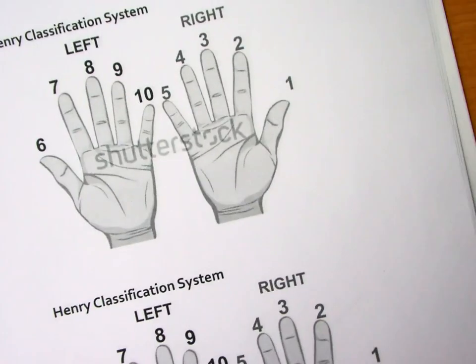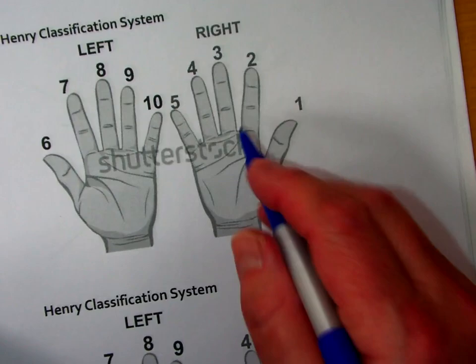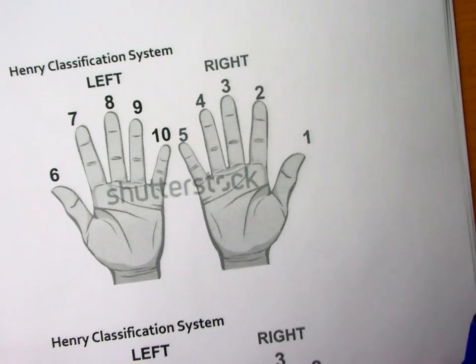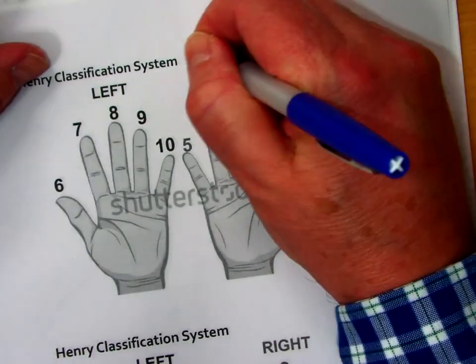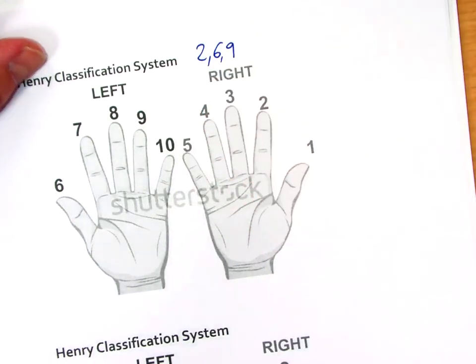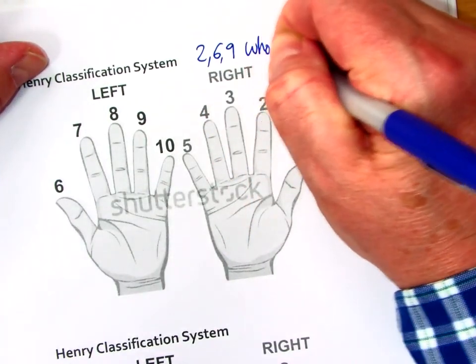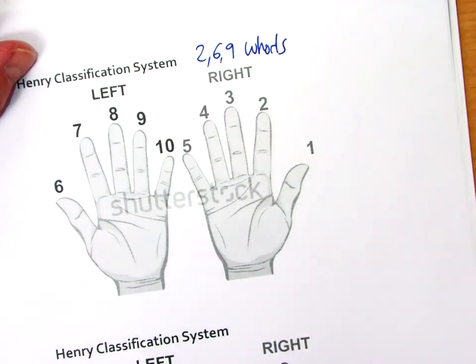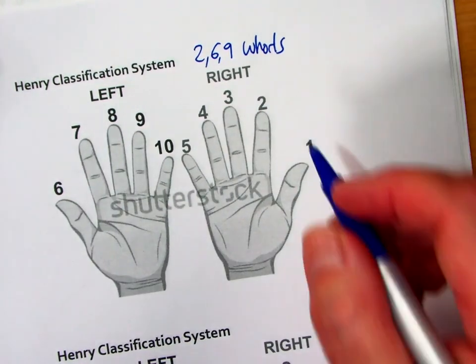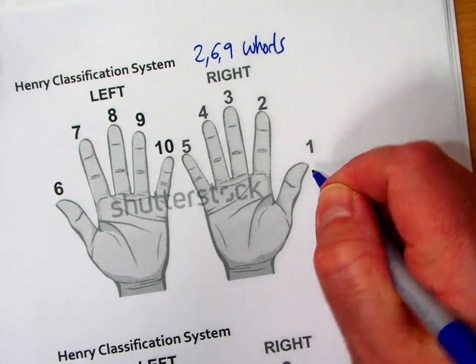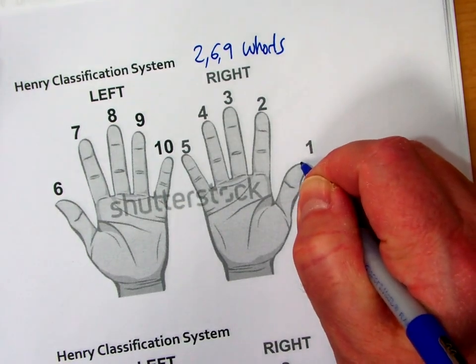So if we look at our little chart where your fingers are numbered, right hand, left hand, we're seeing that fingers 2, 6, and 9 have whorls on them. Therefore, we also know that each finger has a value to it, starting at 1.